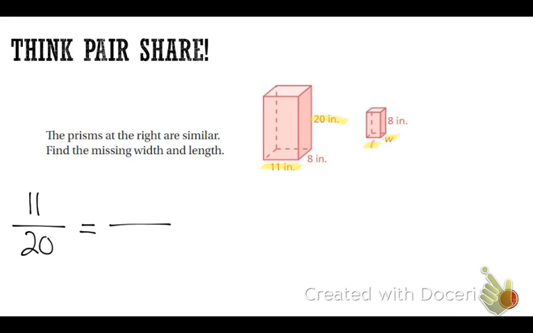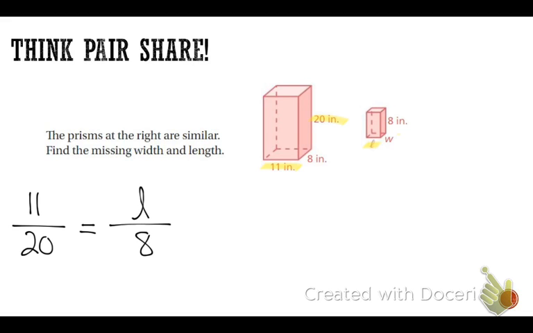Why not the 8, Sherelle? Very good, because you can't have 2 variables. If he had said 11 over 8, it would have been L over W on the other side. You can't have 2 variables that you're solving for. So he accurately picked 11 because that will match up with L, and 20 matches up with 8 on the other side. So 11 over 20 equals L over 8.